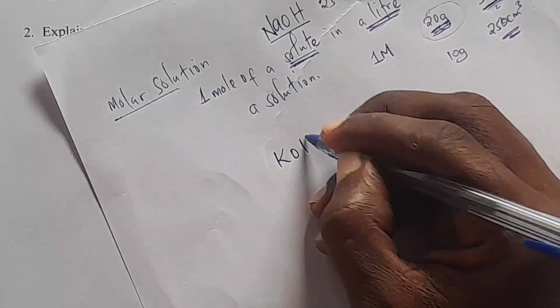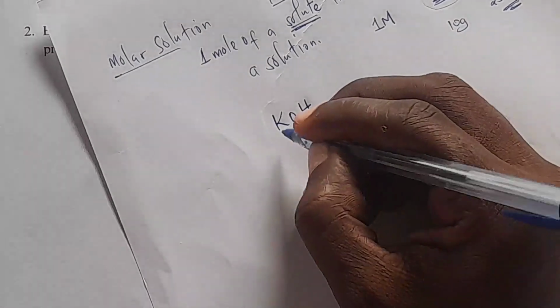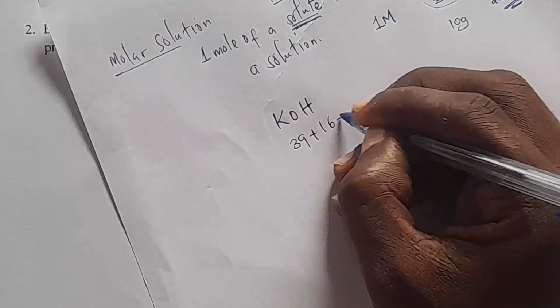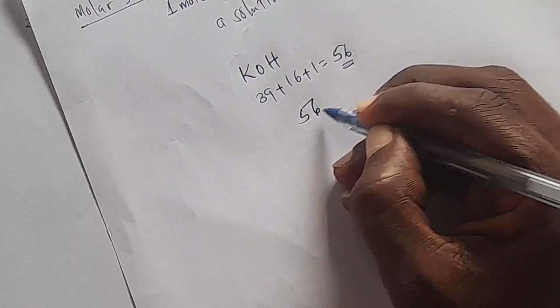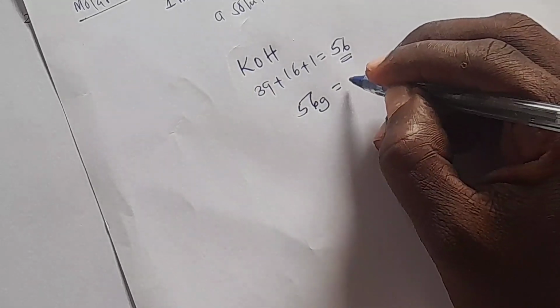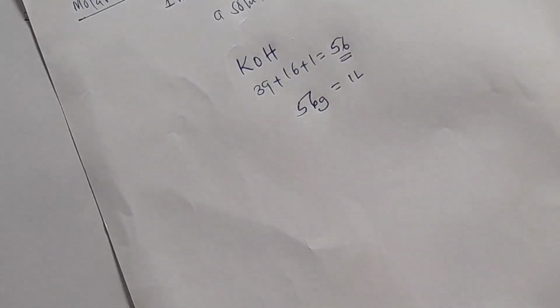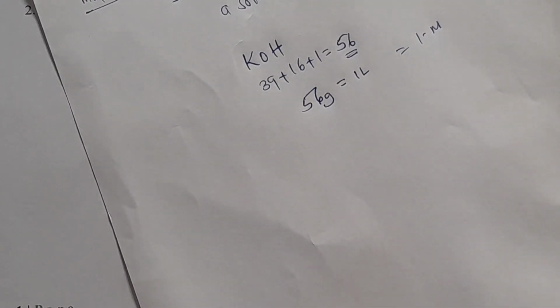Potassium hydroxide: potassium alone is 39 plus 16 plus 1 for hydrogen. We are going to get 56. That means we are supposed to have 56 grams, then dissolve in 1 liter of solution to make 1 mole of potassium hydroxide.